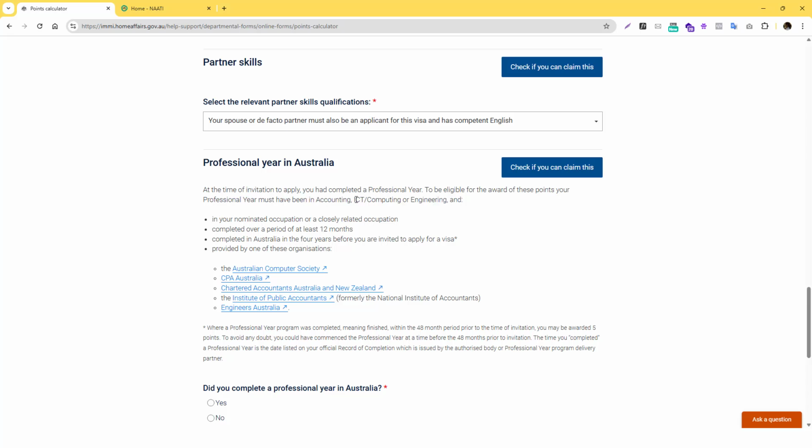My course, Advanced Diploma in Information Technology, is related to ICT and computing. In your nominated occupation or closely related occupation, I'm check on that. Completed over a period of at least 12 months, I'm also check on that. Completed in Australia within 4 years before you are invited for a visa. So this one, I'm not eligible.